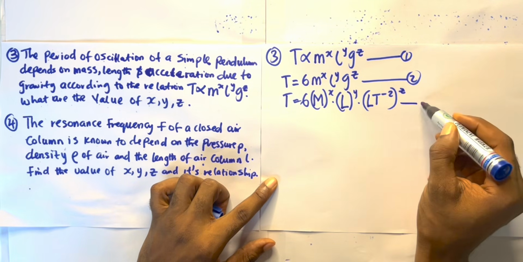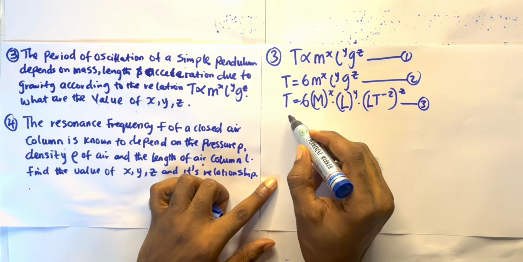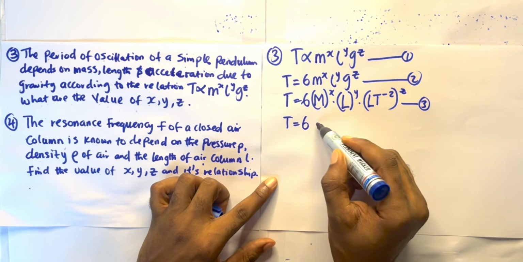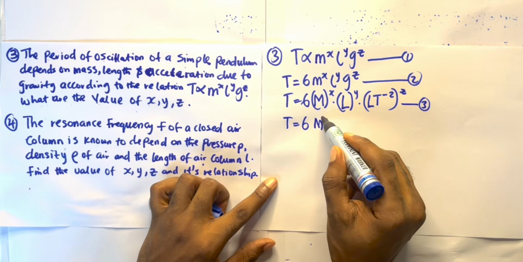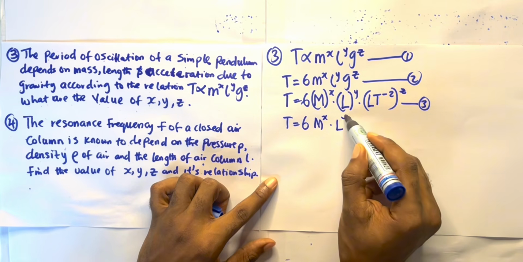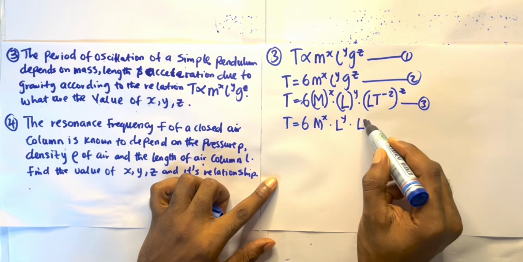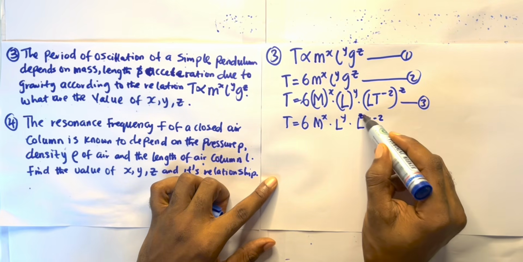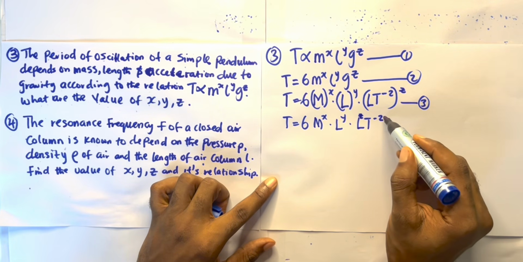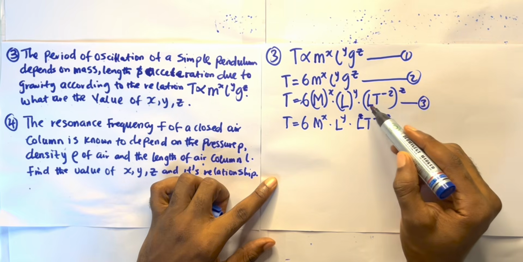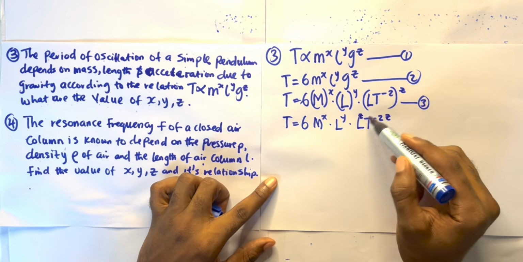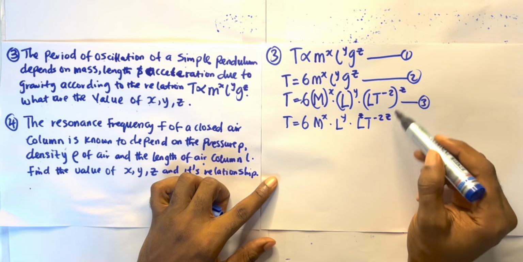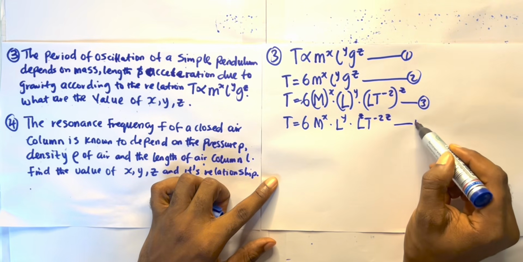So from here, I'll call this equation 3, and I'll have T is equal to, let me open the bracket, k, M^x dot L^y dot LT^-2, all raised to z. This will be L^z, and this will be T^-2z. That means L times L^z is L^(y+z), and T^-2z is T^-2z, equation 4.